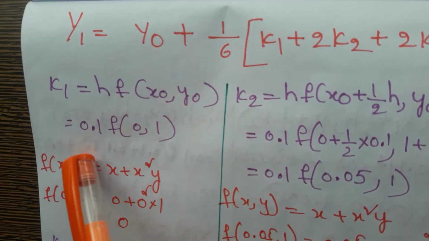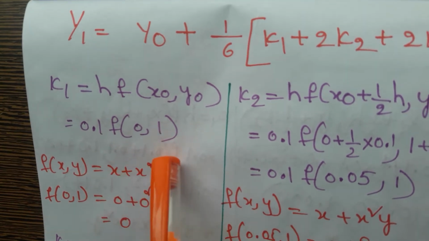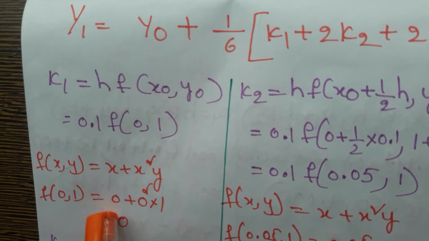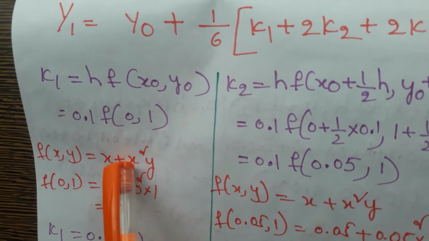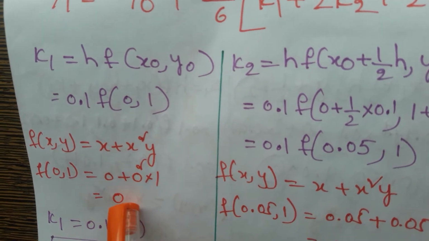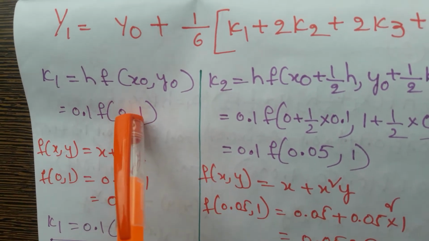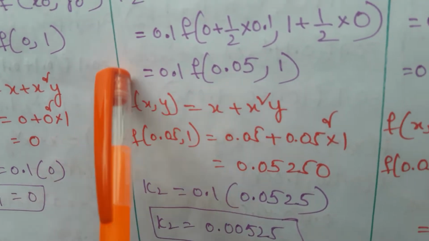So f of 0 comma 1 is in the form of f of x comma y is equal to x plus x square y. So f of 0 comma 1 will become 0 plus 0 square into 1, that is 0. K1 will become 0.1 into 0, so k1 is 0.